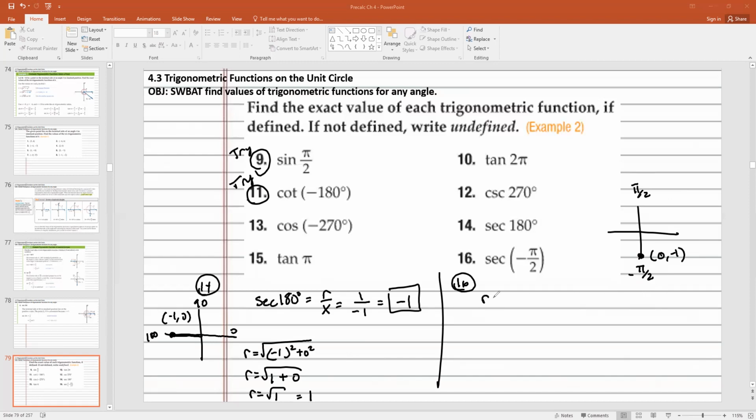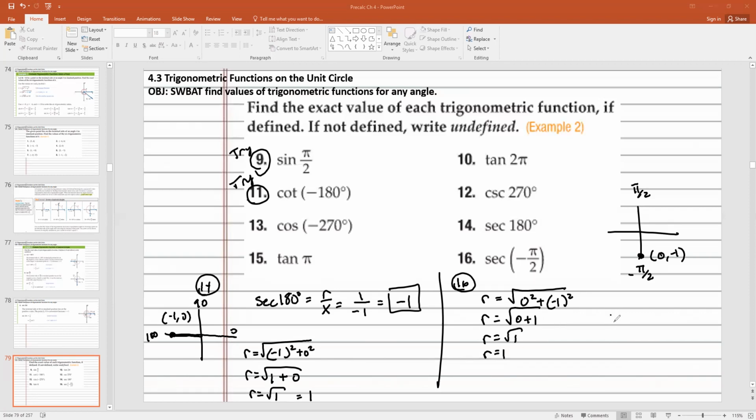And r is the square root of 0 squared plus negative 1 squared. R equals square root of 0 plus 1. R equals square root of 1, which is just 1.